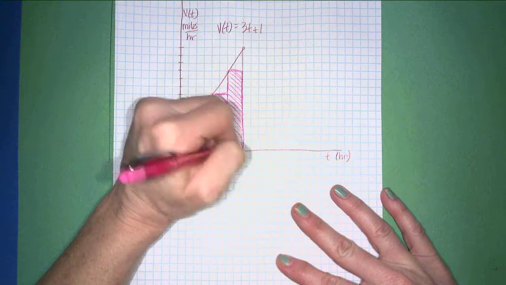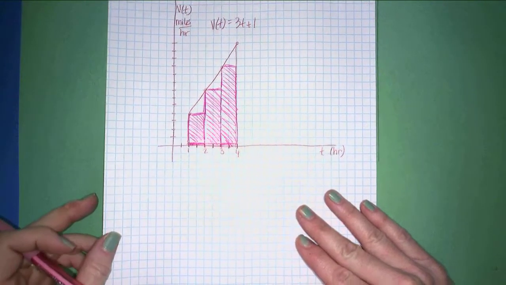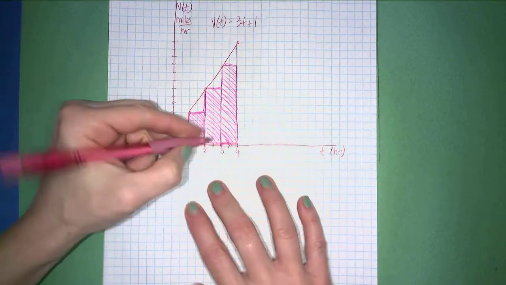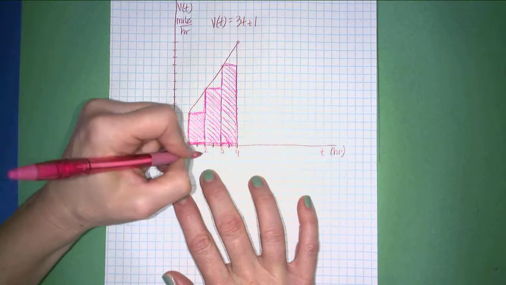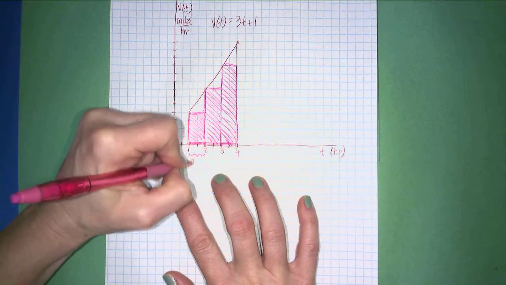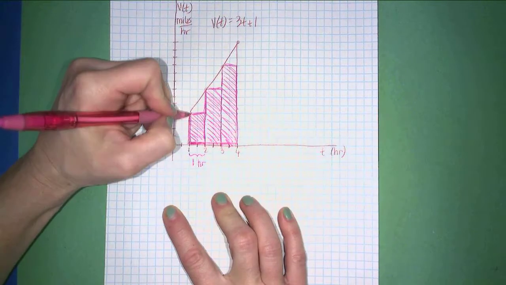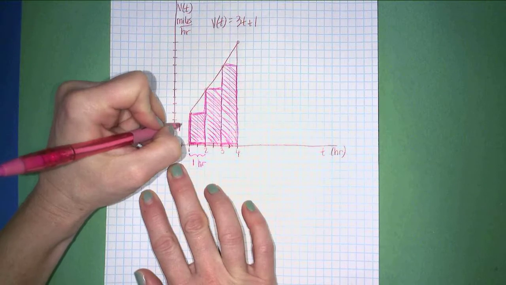So let's explore this a little bit further. If I just pull out this rectangle, for example, let's look at the base. The base is 1 unit, which in this example means 1 hour. And the height right here, which is 4, is 4 miles per hour.